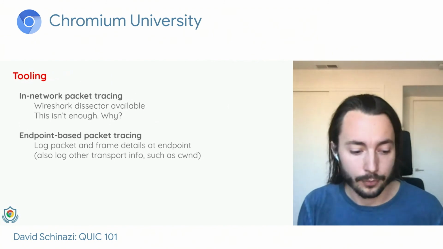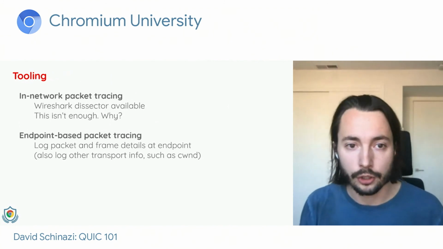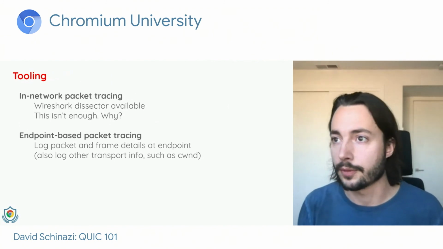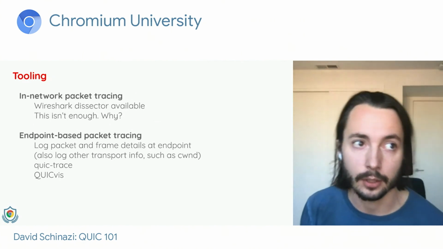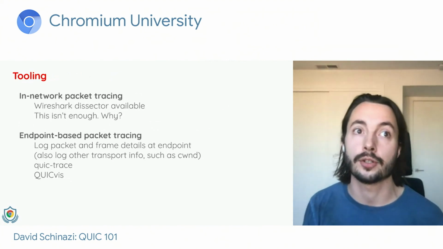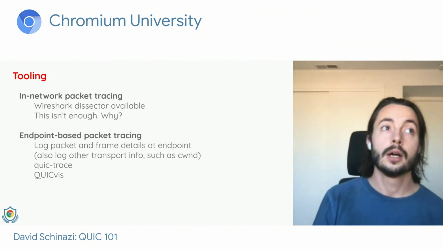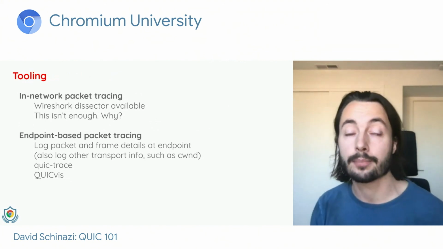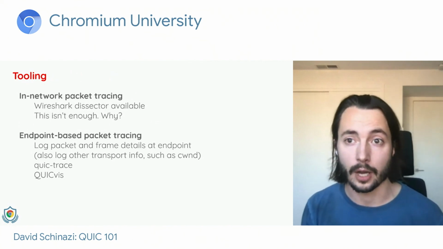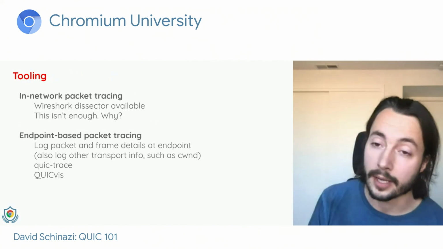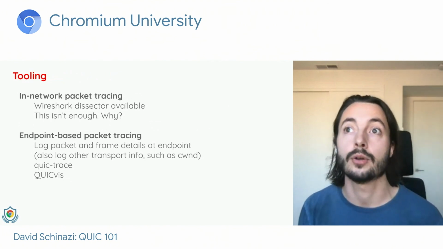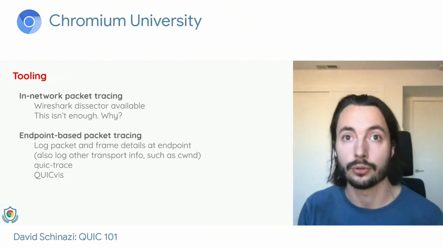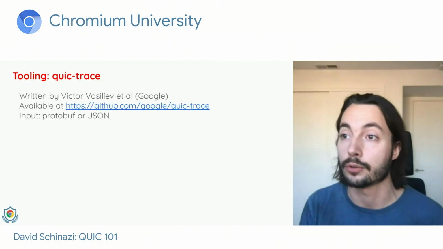For older things, you could use Wireshark for everything, but in modern days, with everything being encrypted, plus a lot of information not being sent on the wire, tooling on the endpoints is a much better option. And so Chrome has our own netlog format. There are other formats out there, but the idea is that you ask the endpoints to log some information, and then you can use those to visualize them.